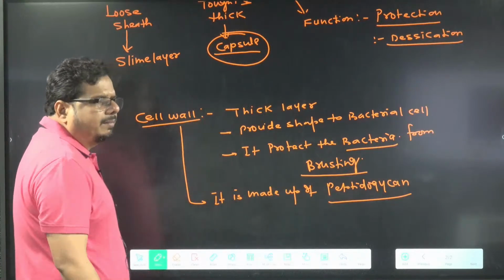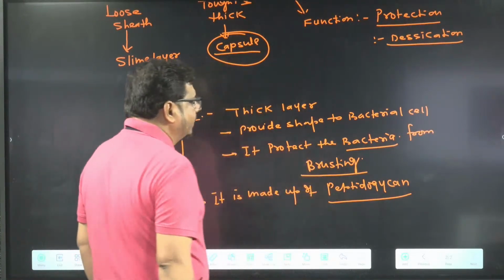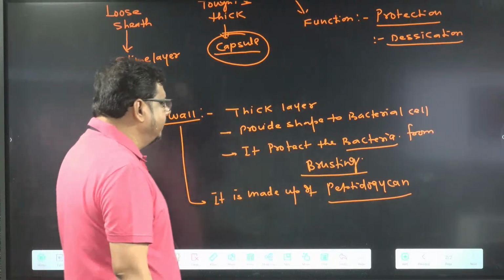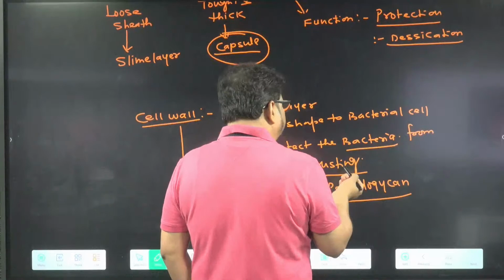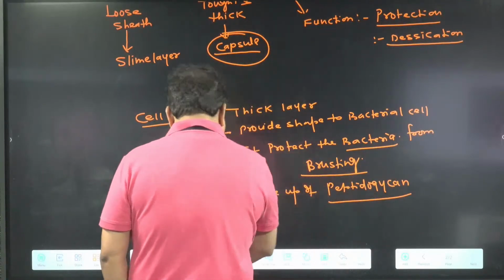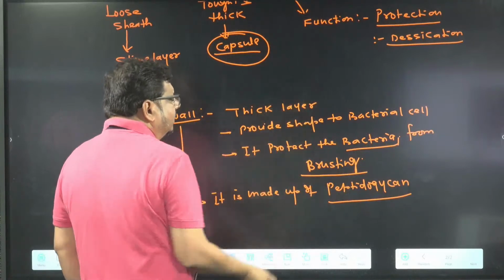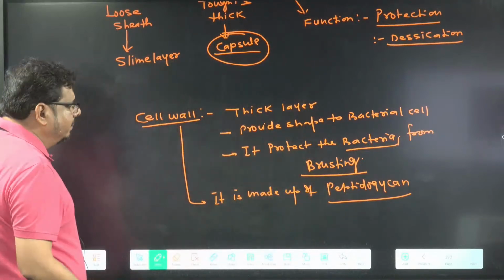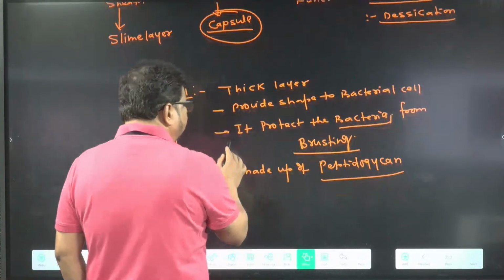You have to keep in mind, it is a thick layer and it provides shape to the bacterial cell. It protects the bacteria from bursting. Able to understand? And overall, any envelope is protective in function. That is a common one.